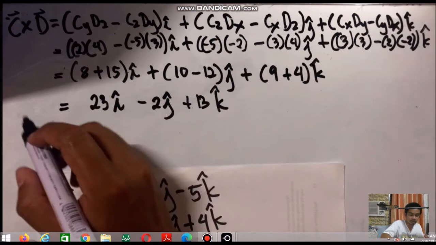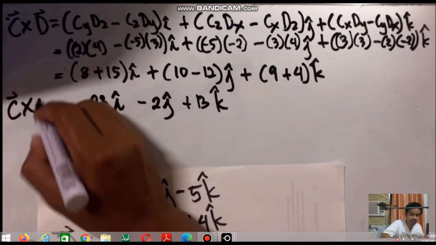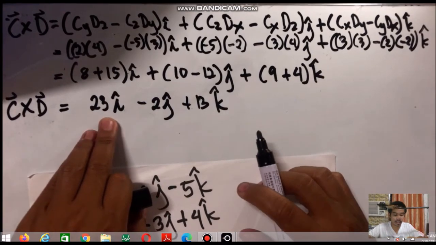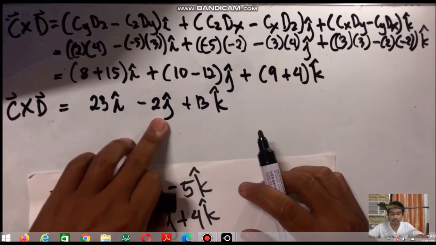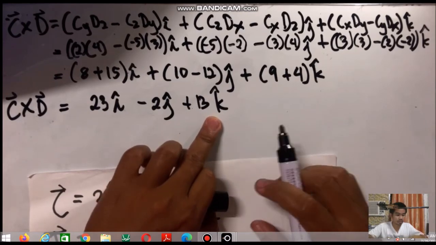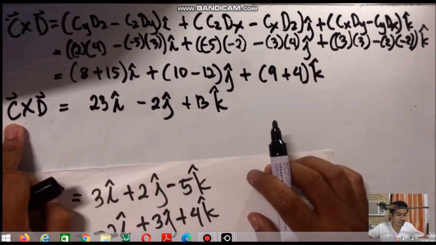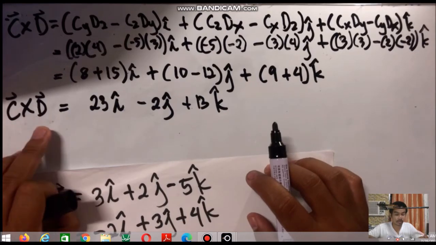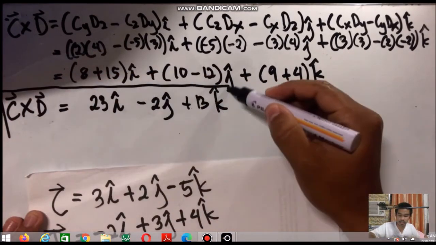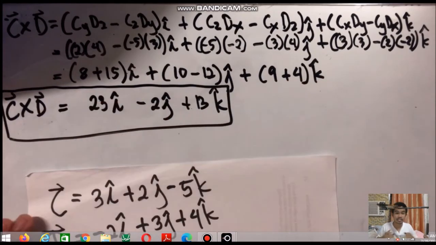So this is vector C cross vector D. This vector, 23 i hat minus 2 j hat plus 13 k hat, should be perpendicular to both vector C and vector D.